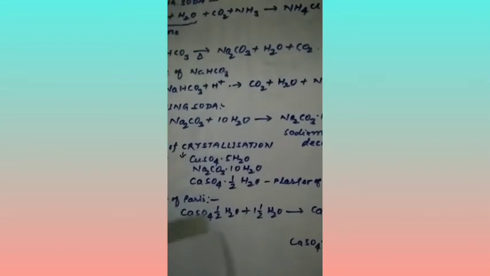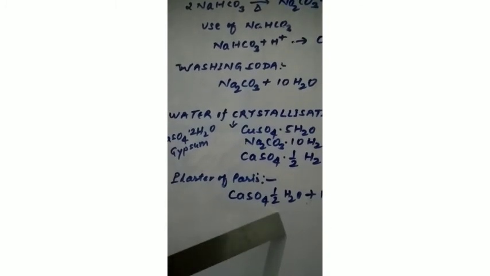Now we know that plaster of Paris is calcium sulfate hemihydrate, CaSO4·1/2H2O. This plaster of Paris is a white powder, and when mixed with water, it forms gypsum, and this gypsum is a strong substance.